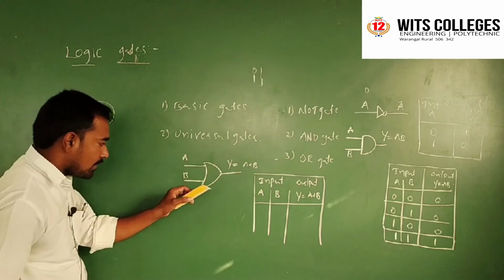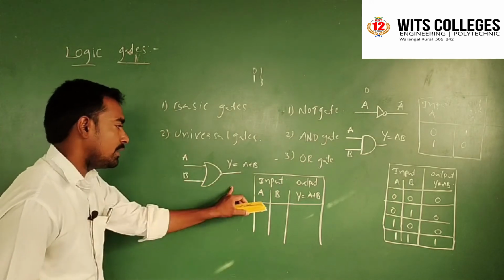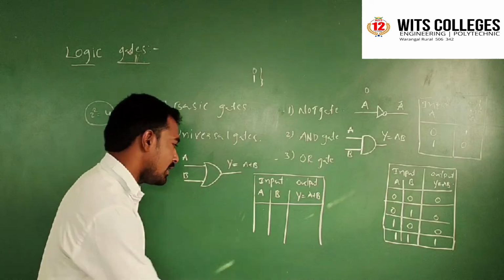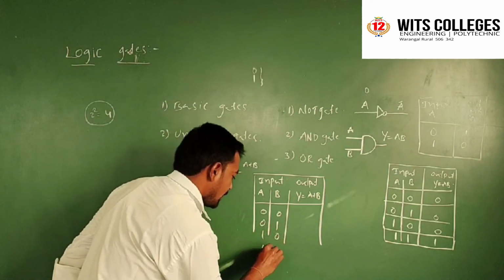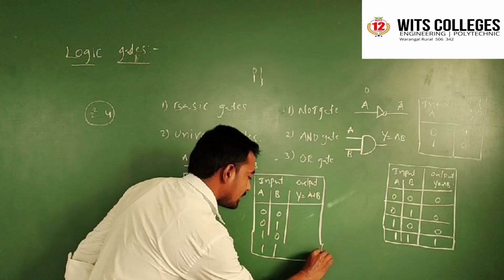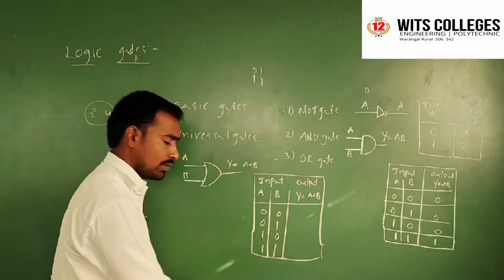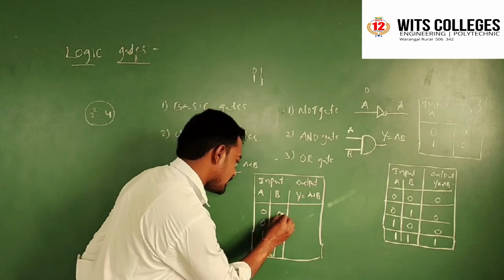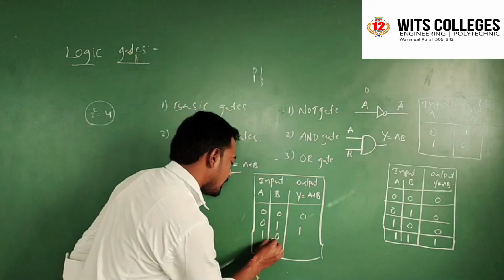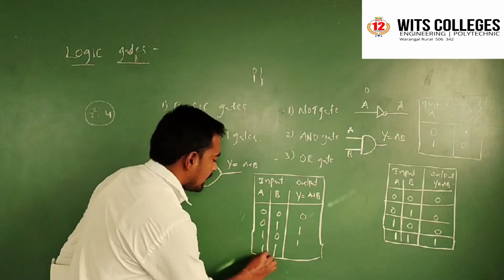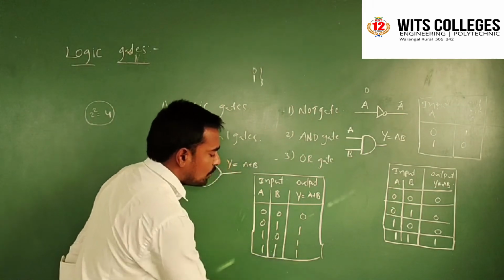So here we are giving the 2 inputs, and we get the 4 combinations: 0 0, 0 1, 1 0 and 1 1. These are the successive input combinations, and 0 plus 0 is equal to 0, 0 plus 1 equal to 1, 1 plus 0 equal to 1, and 1 plus 1 is equal to 1 here.